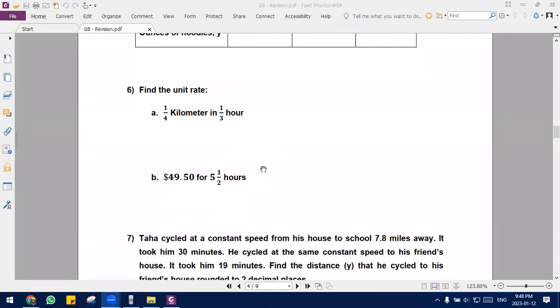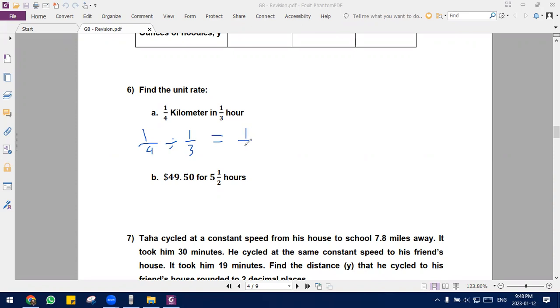Now, question 6, it says, find the unit rate. So for the unit rate, you just need to divide them. So you have here 1 over 4 kilometer divided by 1 over 3 hour. As we said, we cannot divide fractions, so we turn it to multiply.